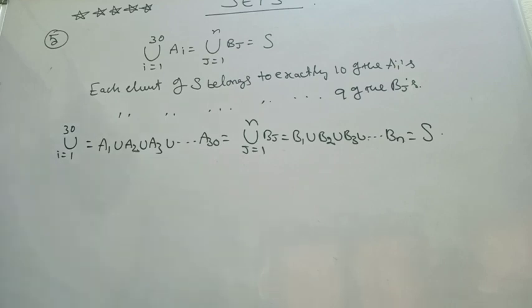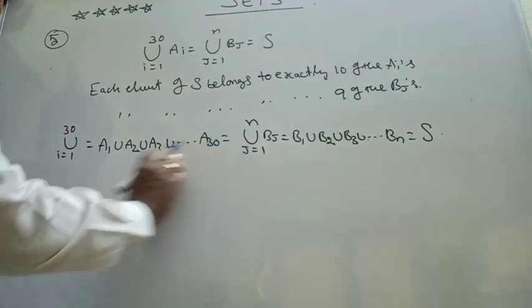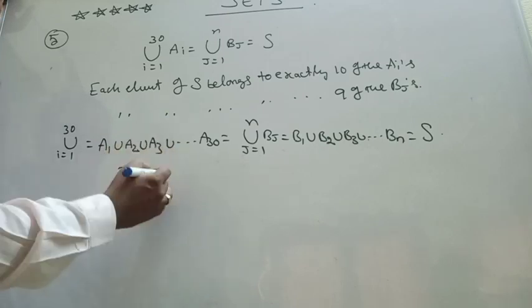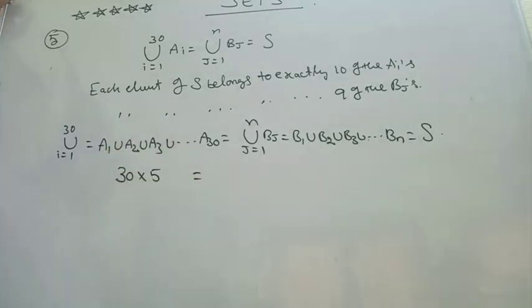Now they given in this problem that there are 30 sets each having 5 elements. Therefore 30 into 5, 150 elements you are having here. And B1, B2, B3 up to Bn are n sets each having 3 elements.